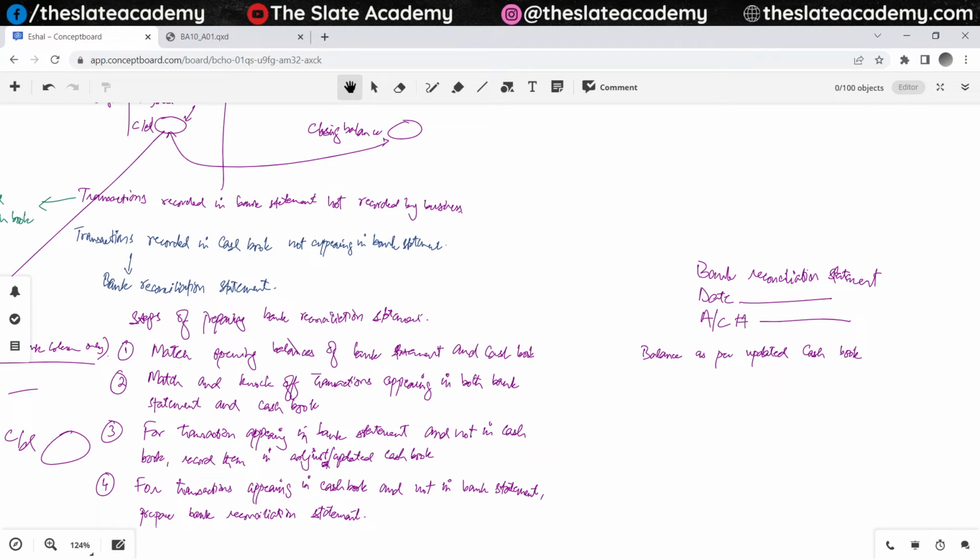Achha ji, so I have this balance as per updated cash book recorded over here. Then the two types of reconciling items are unpresented checks and uncredited amounts.